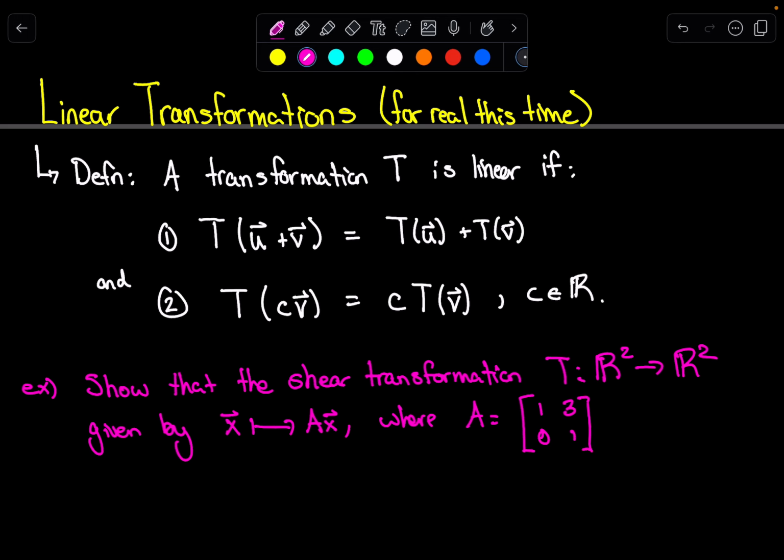Show that this is a linear transformation.